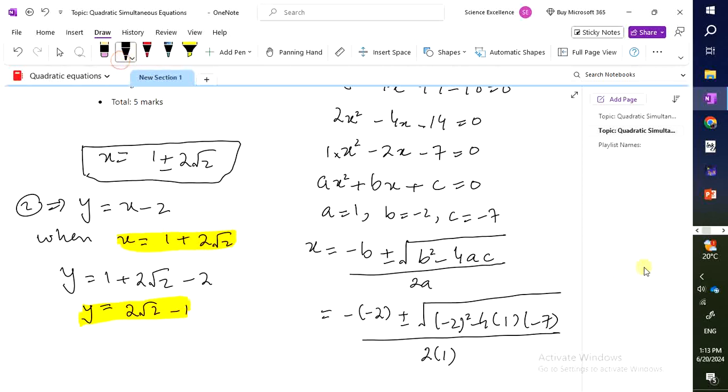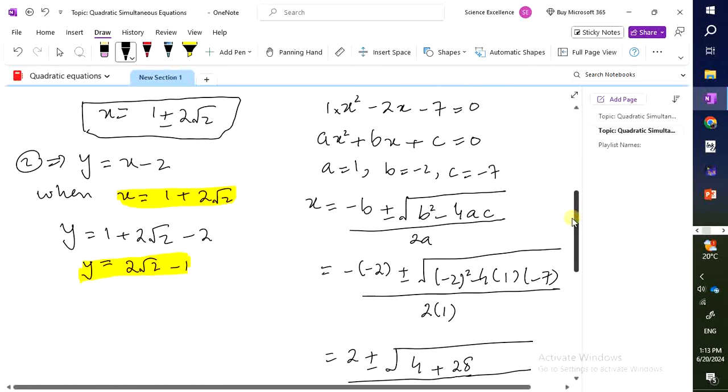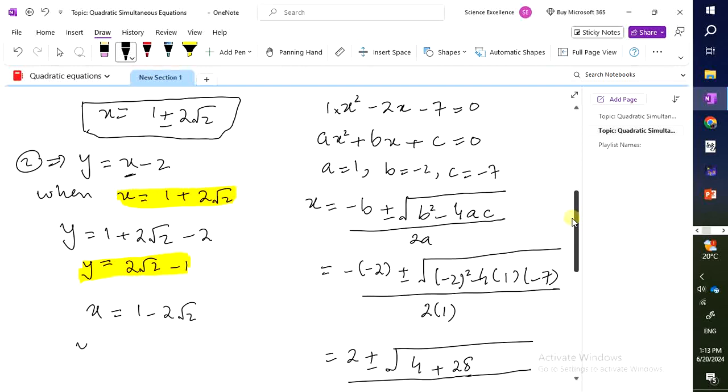And when x is 1 minus 2 root 2, again we need to substitute the value of x over here, so y will be 1 minus 2 root 2 and minus 2.